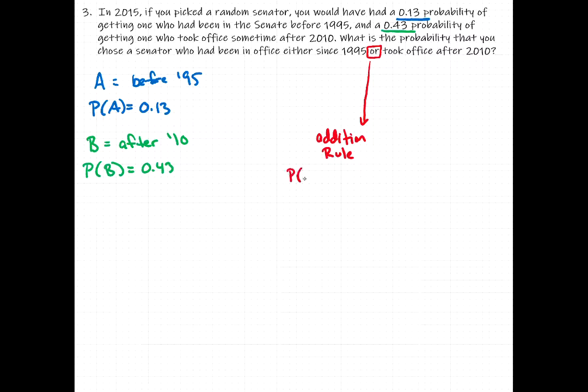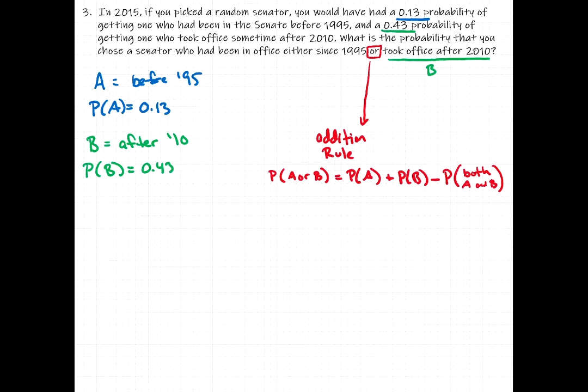So let's say the probability of A or B is equal to the probability that A happens plus the probability that B happens minus the probability of both A and B. Took office after 2010, that's event B. So that's what we have down here, event B.